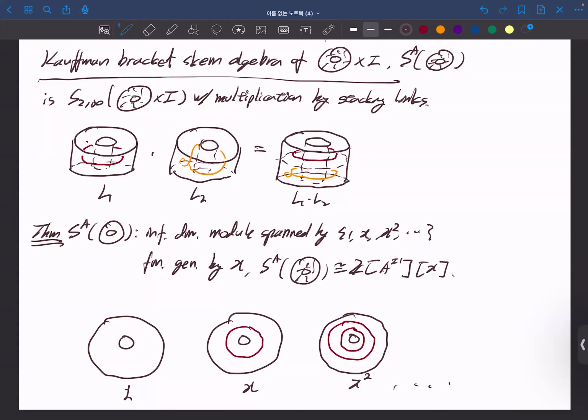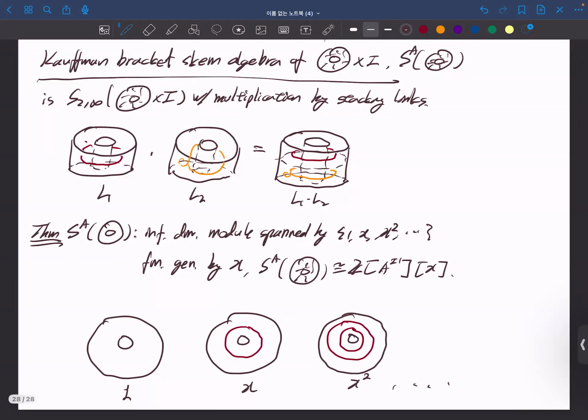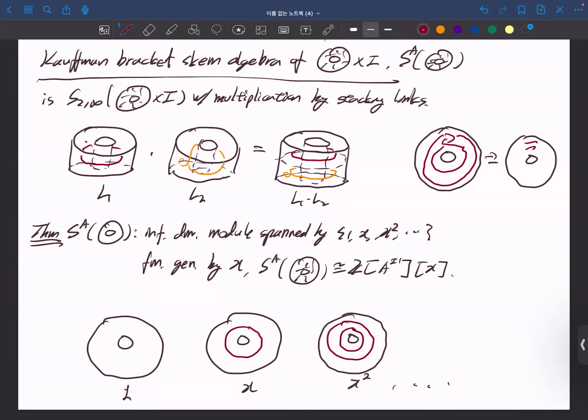And if you consider the definition of Kauffman bracket module, then it is quite clear, because when we have a link like this, if you have such a link, then it is equal to this one and this one with A plus A inverse.